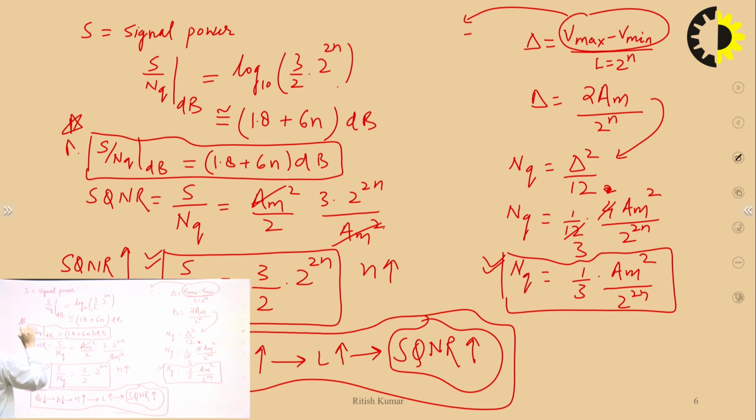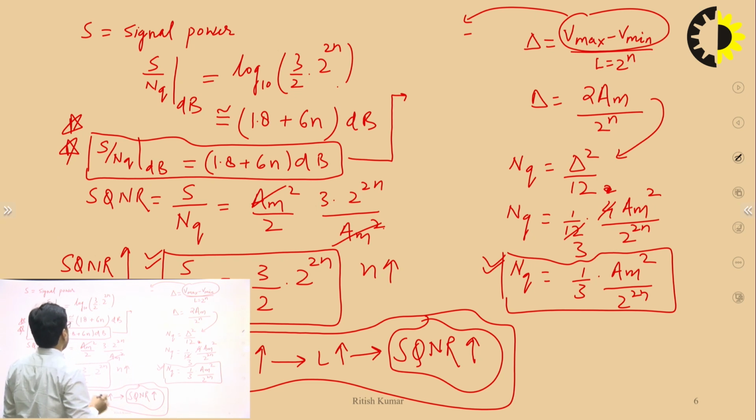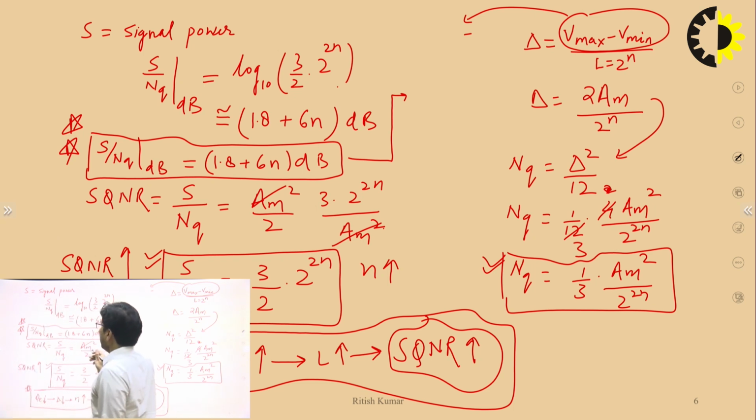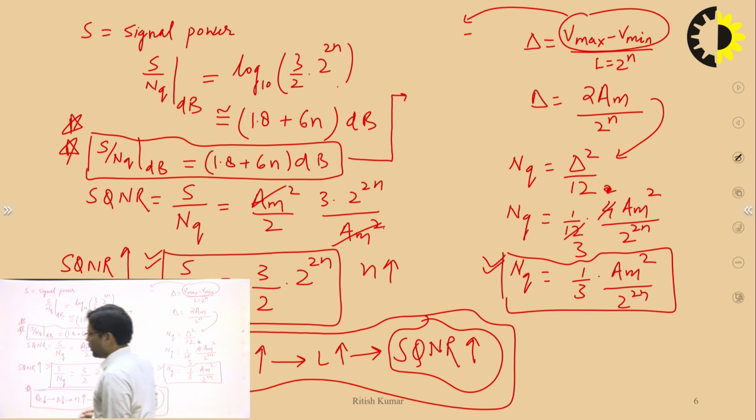So this is another important formula, right? So here you can clearly see, at last you will get the conclusion that if you increase the number of bits, suppose from 1 to 2, 2 to 3, then you will improve the SQNR by 6 dB, right?